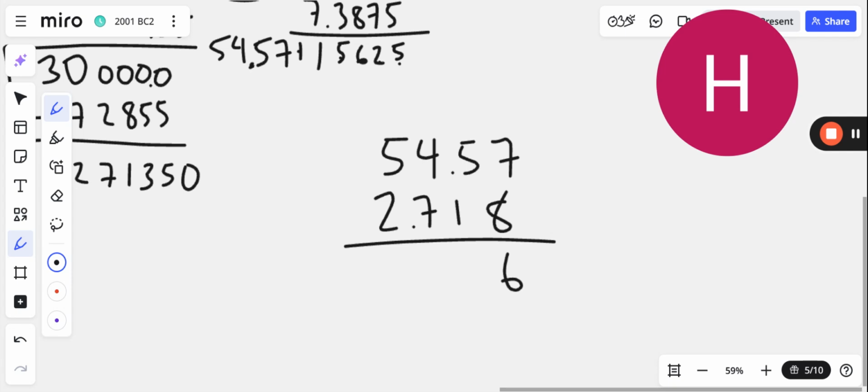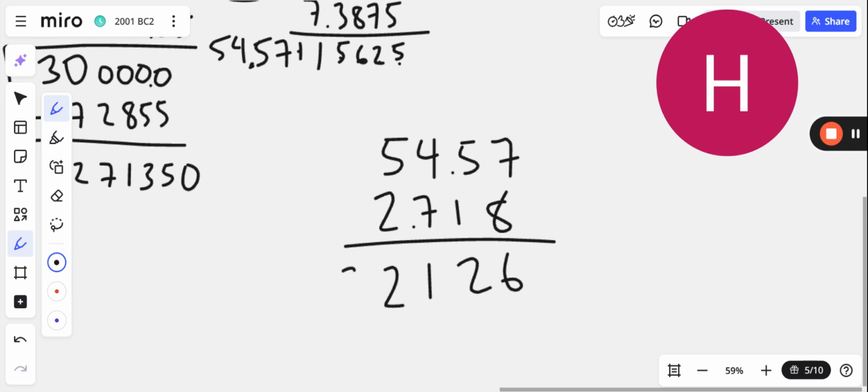We got 56, 45 and 7 is 52. Then we have 37 and 49, which is going to be 86, plus 5 is 91. 49 and 14 is 63, 67, 102. That's how old your grandmother is. Then we have 15, 25, and 28.